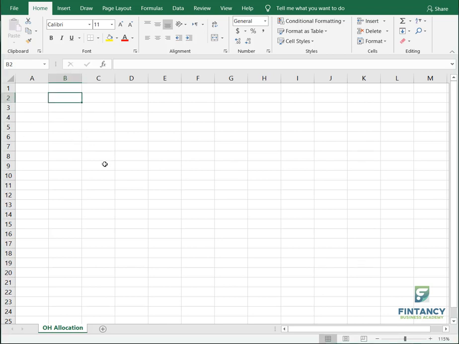So just let me write the methods first. Okay, the first one is called direct method. The second one is called step down method. Okay, and the third one is called reciprocal method.